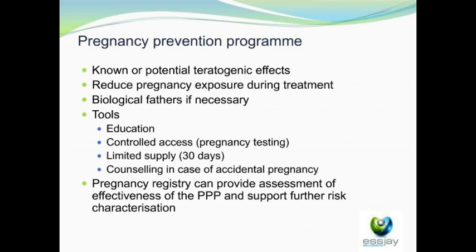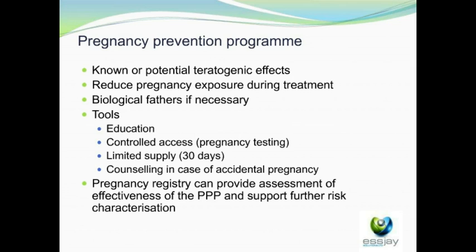One specific type of minimization is a pregnancy prevention program, and this is where you have a product that has known or potential teratogenic effects. So you can think of something like isotretinoin, which is a known teratogen, and the limits or the minimization activities that are put in place with regards to that.